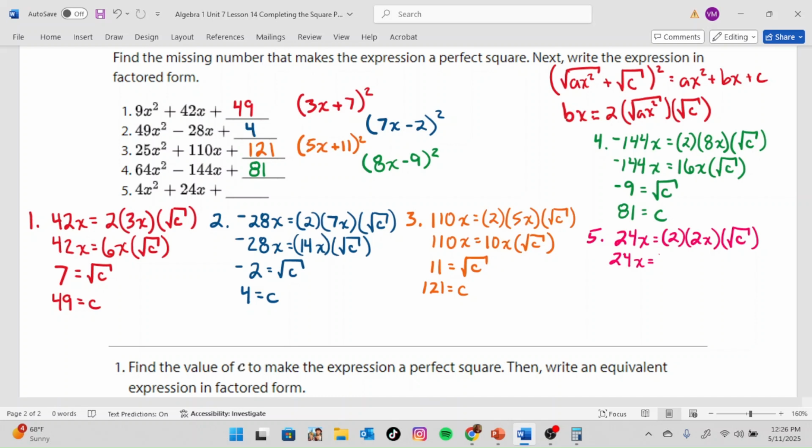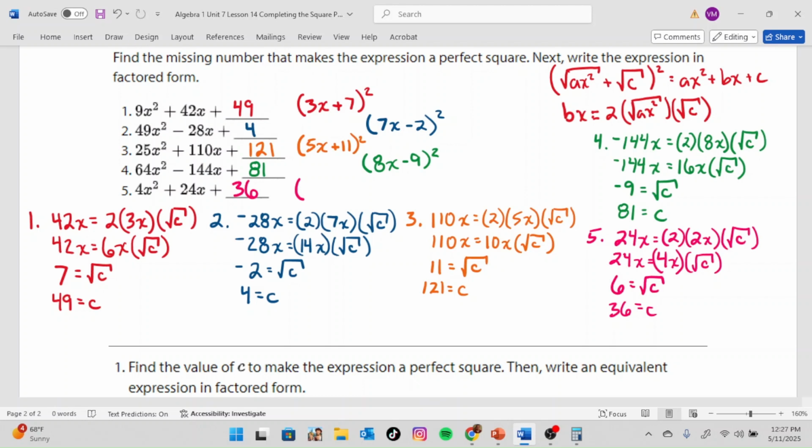Two times 2x would be 4x. Now we divide both sides by 4x, and that gives us 6 equals the square root of c. We square both sides, and we get 36 equals c, so the missing c term is 36.